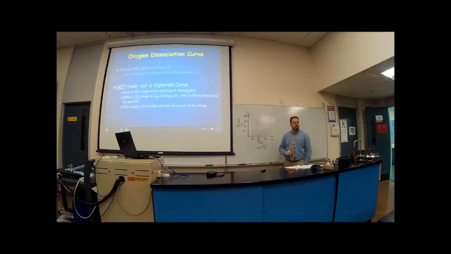All right? If I breathe in 50 millimeters of mercury of oxygen, then that will make 50% of my hemoglobin saturated. 75 and 100. That would make for a linear curve, but that's not what it is.